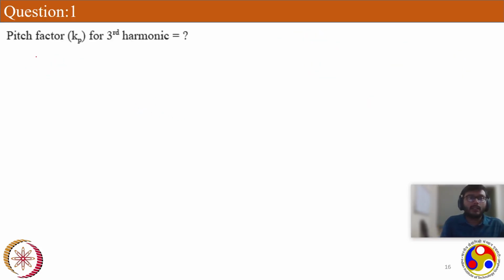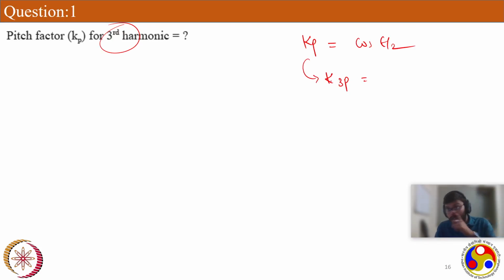Okay, pitch factor for third harmonic. This is very important. Now, what is the formula for Kp? Do you remember the formula for Kp we have discussed? Cos epsilon by 2. Now it is K3P. We already talked about the reason behind short pitching the coil: to eliminate some kind of harmonics. Here we want to eliminate the third harmonic.